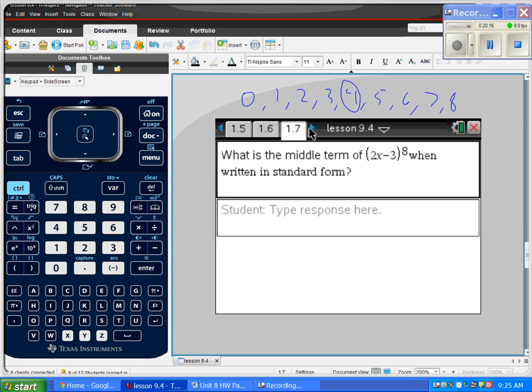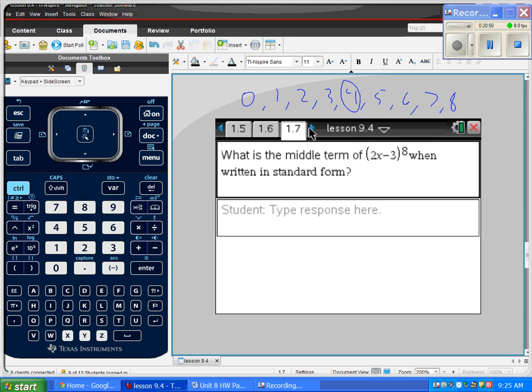There are 9 terms when you're raising to the 8th, because there's that constant. When you're raising to the 9th, there's 10 terms in the equation. The way the word is, it's weird. Because here it says middle term, so we're looking for something different. 4 is our middle term.